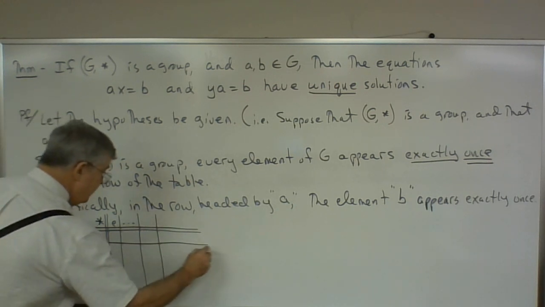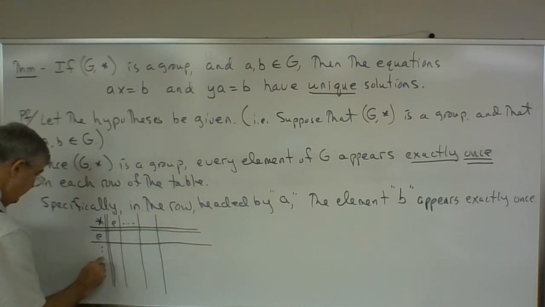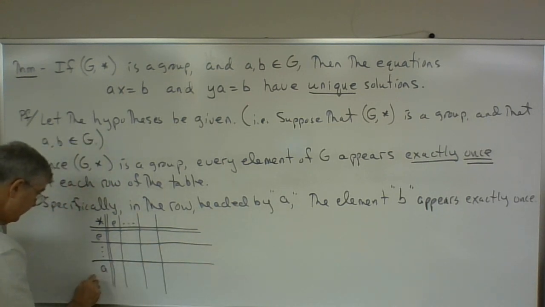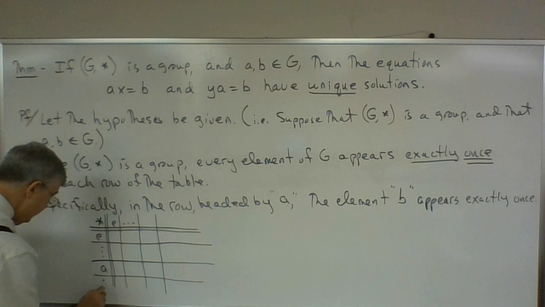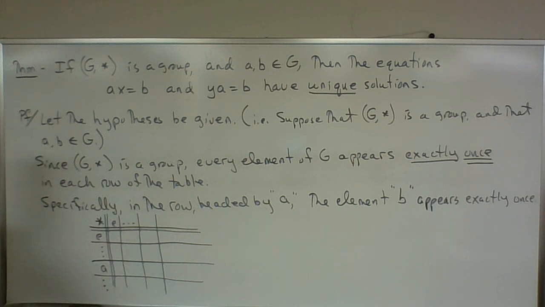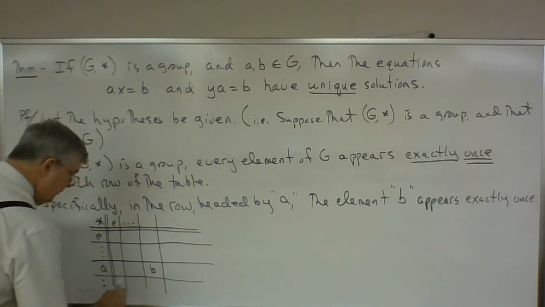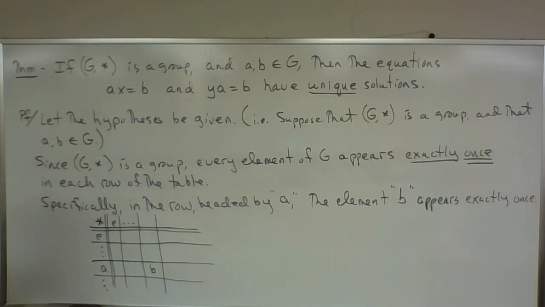Here's the row headed by A. And somewhere in this row, the element B appears exactly once.